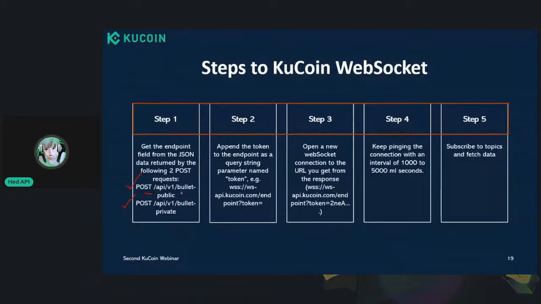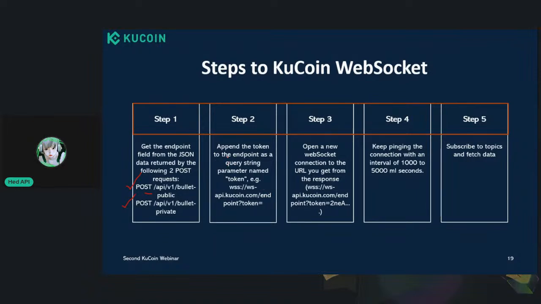The first one is for the public channel and the second one is for the private channel. So after you send a POST request to these addresses, you will get a special token for your connection, and also the address of the WebSocket server, and some other information back from the server.